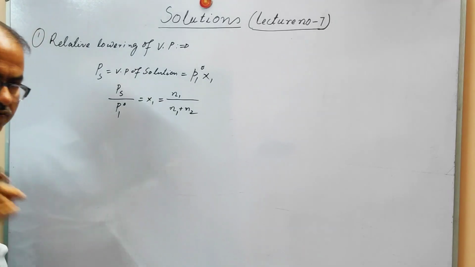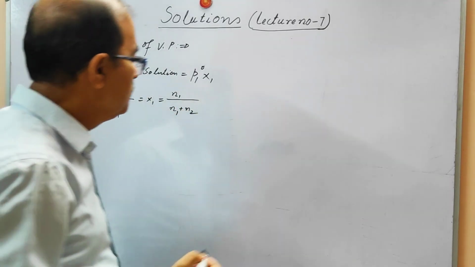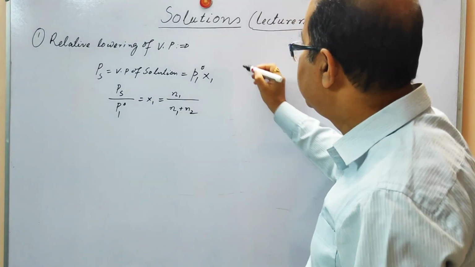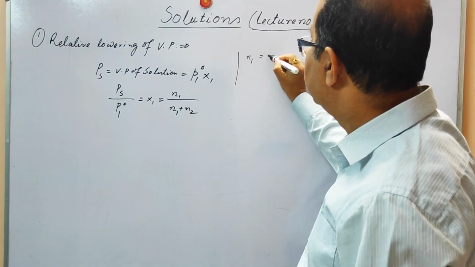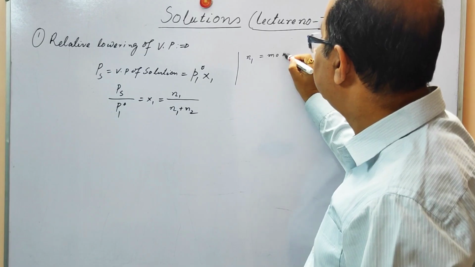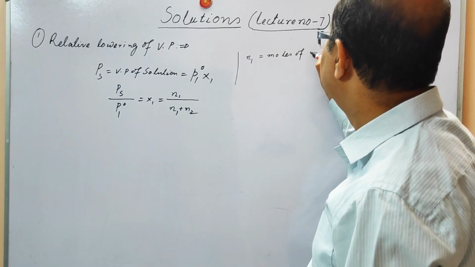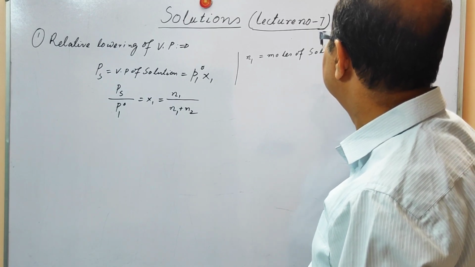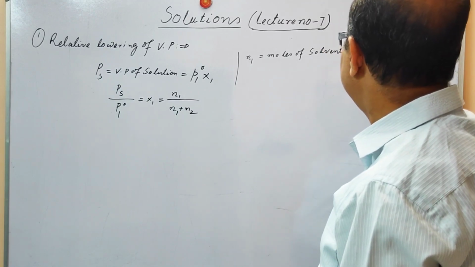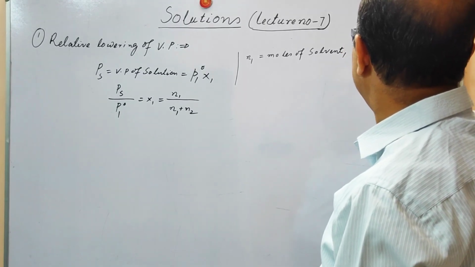Here N2 is the moles of the solute. So for clarity, you can write that N1 is the moles of solvent, and N2 is the moles of solute.